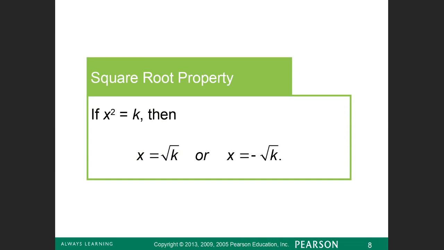We call that square root property. We need that also in order for us to find the x value. Note that you have a positive value here and the other one is a negative, so a total of two values for x. That's for factoring.